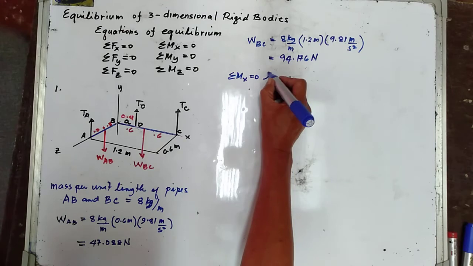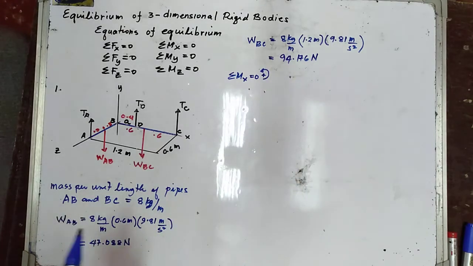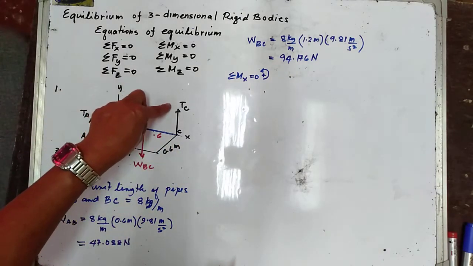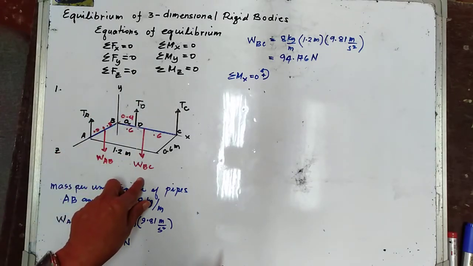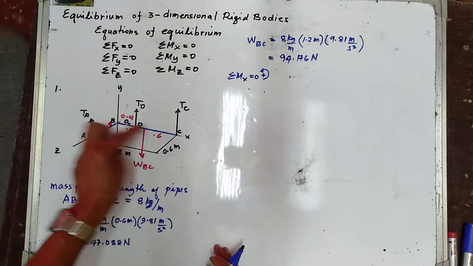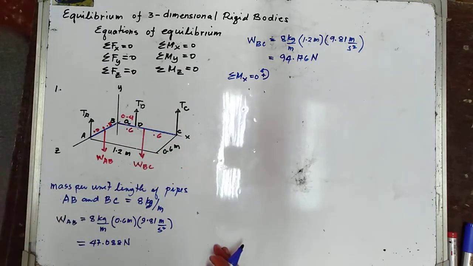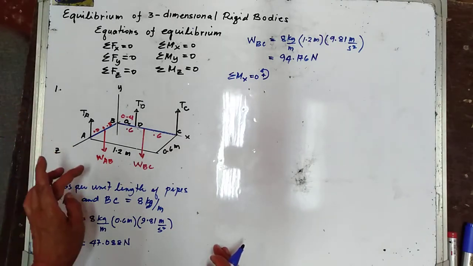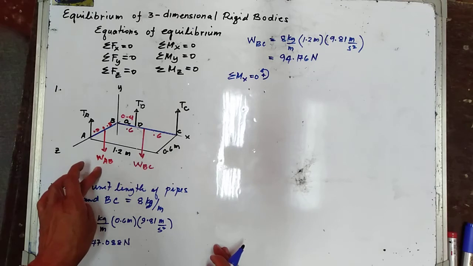Let us take counterclockwise moment as positive. About the x-axis, your TD, TC, and WBC have no moment because they intersect the x-axis. So the only forces that are going to have moment are TA and WAB.